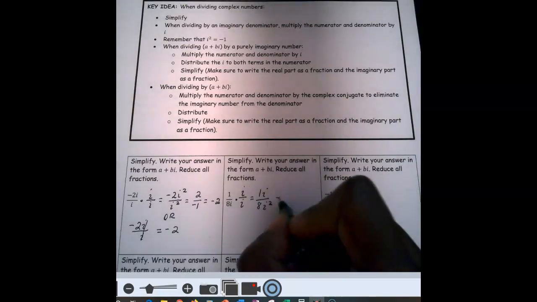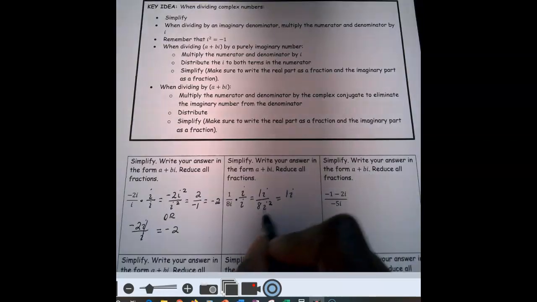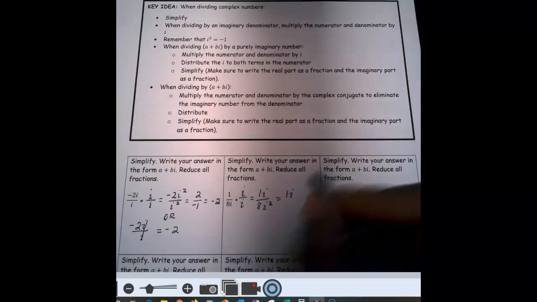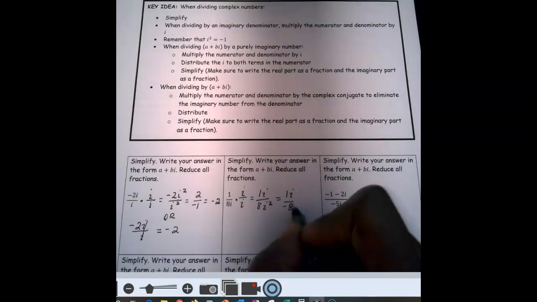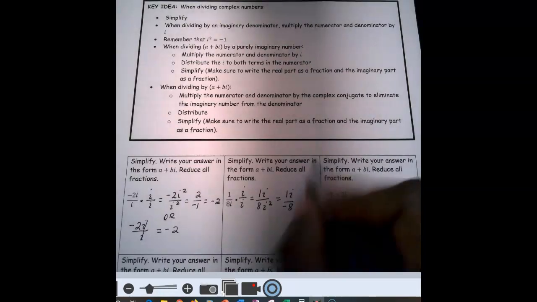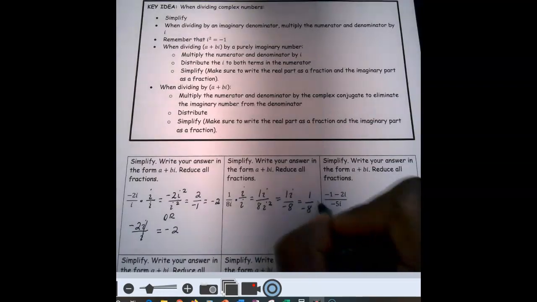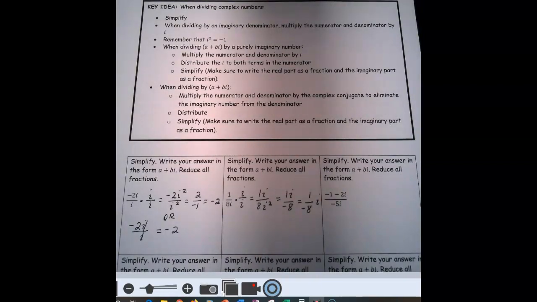I still have 1i, and I know that i squared is -1, so -1 times 8 is -8. So how you would write this in IXL is 1 over -8 and put the i out to the side. And that's how you would complete that one.